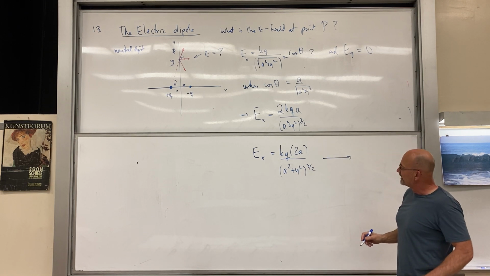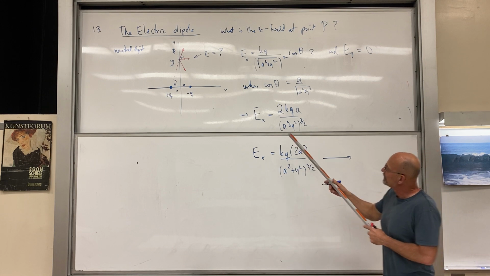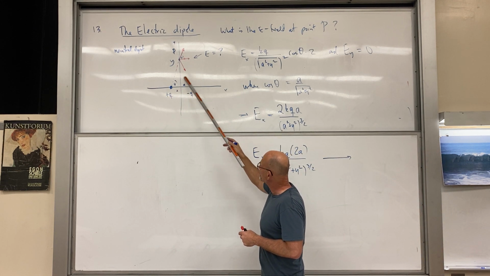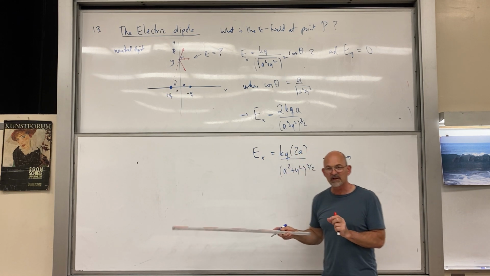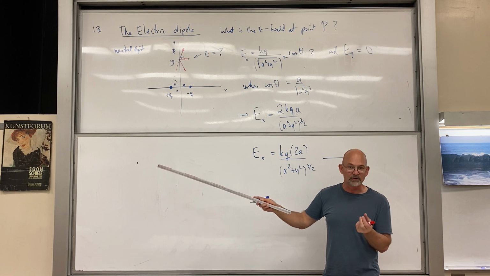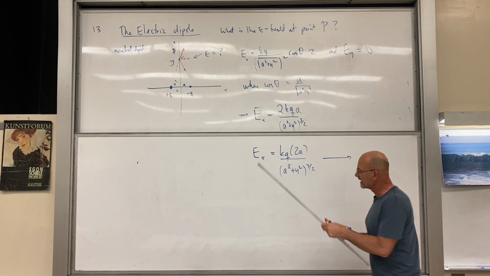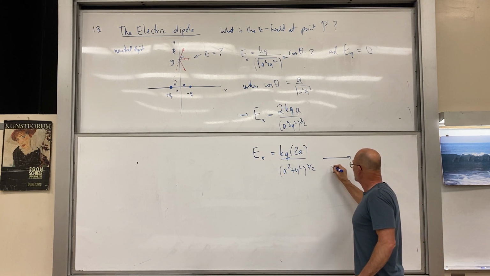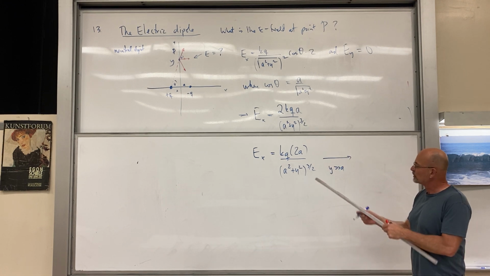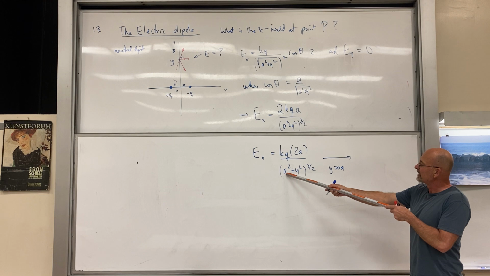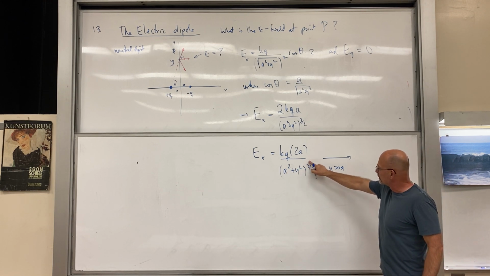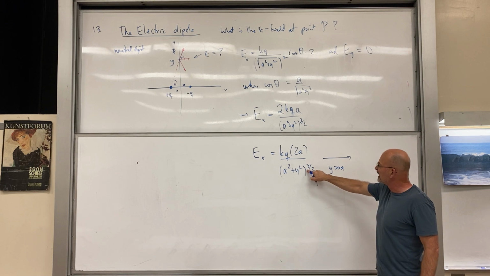And let's analyze this for y being much greater than a, okay? Because now this dipole, we're thinking it's actually a pretty small object. If they were really close together, we'd think they're neutral somehow, okay? So we're going to take the limit of y is much greater than a, which means we can neglect the a in the denominator, and we just have y squared to the 3/2 is just y cubed.